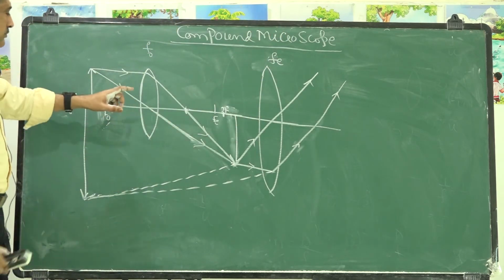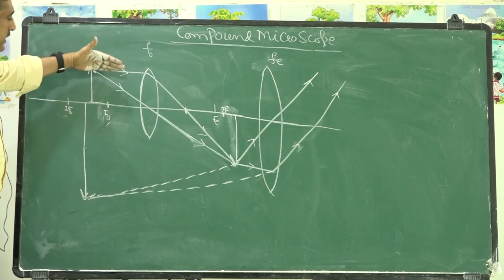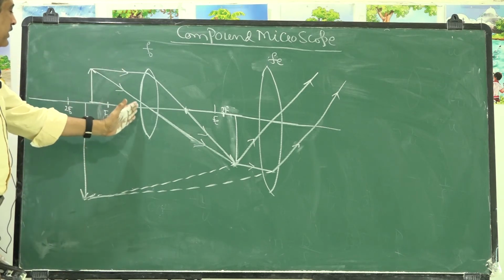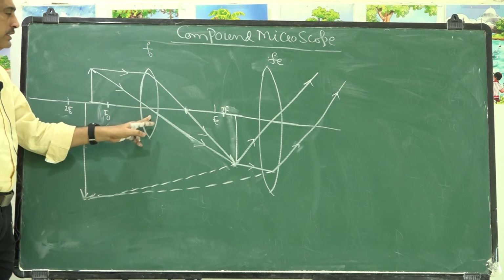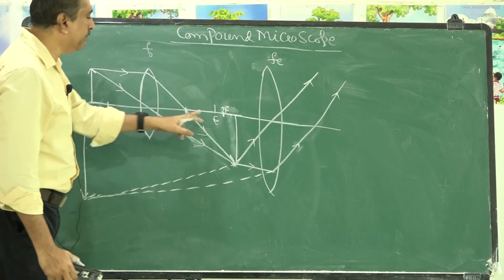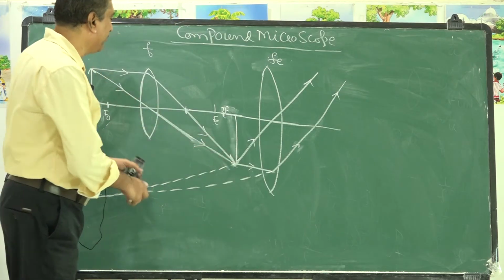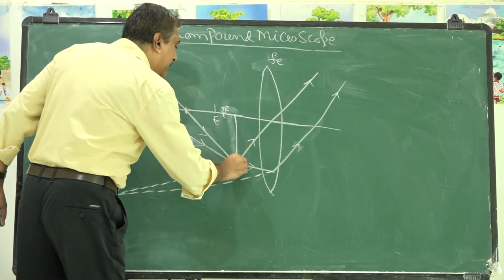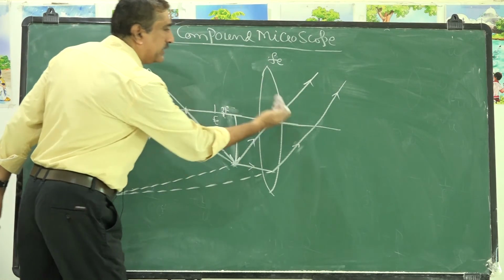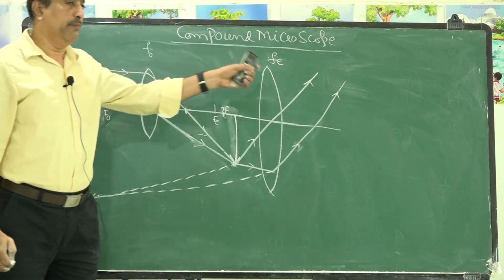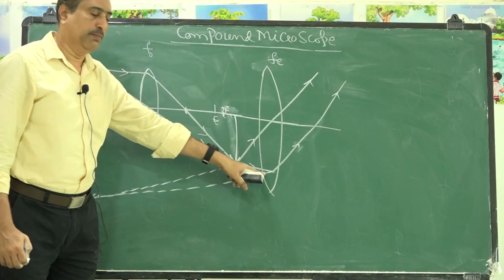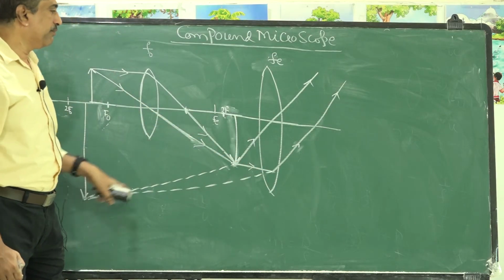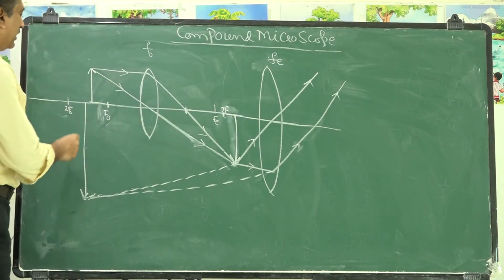So the object is placed in front, in between F0 and 2F0 of this objective lens, which forms an image beyond its 2F point like this, and this image acts as object for the second lens, that is the eyepiece, which works as a simple microscope.